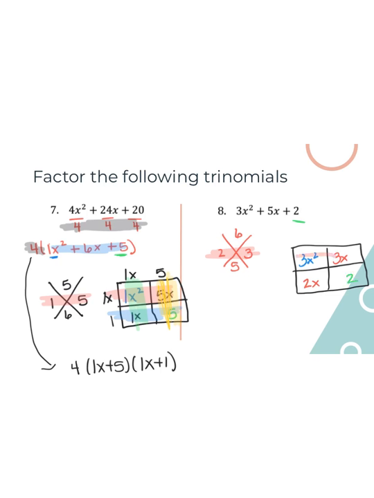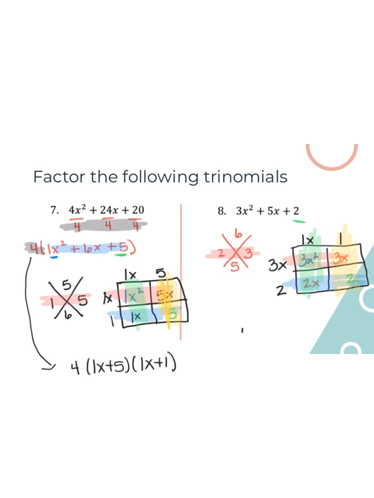See what goes together. 3x squared and 3x. Well, I see that they both have a 3 and an x, and 2x and 2. They both have a 2 in them. 3x squared and 2x, they both have a 1 and an x. And 3x and 2, they both just have a 1 in them.